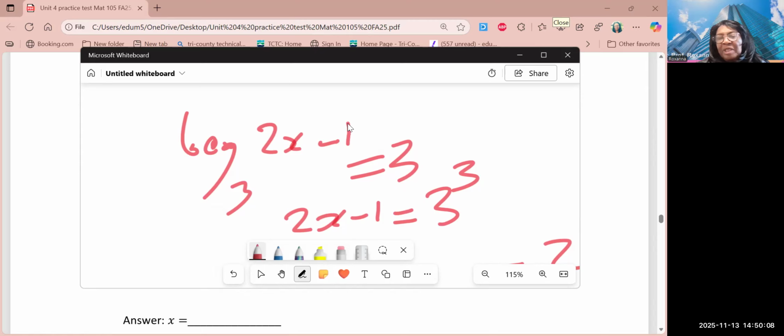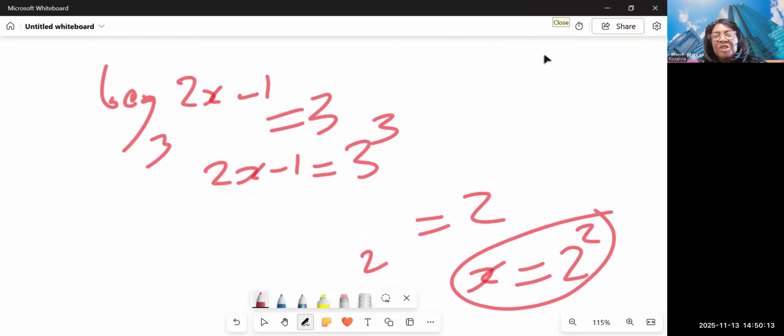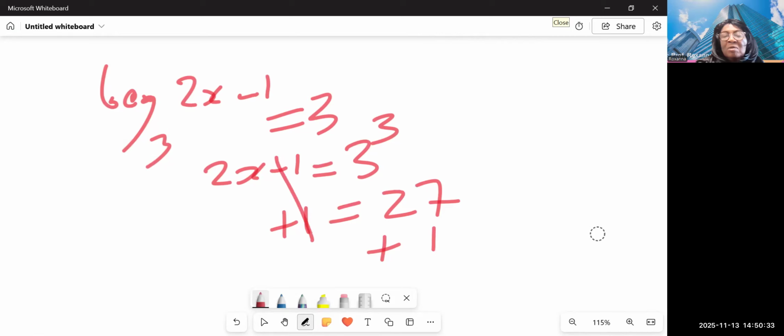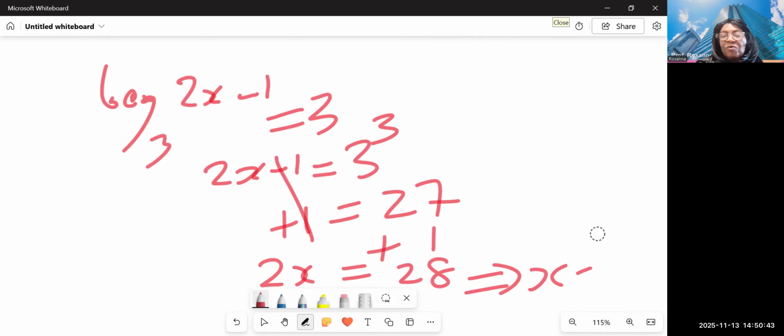I want you to follow what I'm doing, and I'm going to ask you when I finish. The right-hand side is equal to 9, 3 times 3, times 3 is 27, plus 1 on both sides. So we might not actually use a calculator. 2x is equal to 28. Therefore, this implies that x is 14.